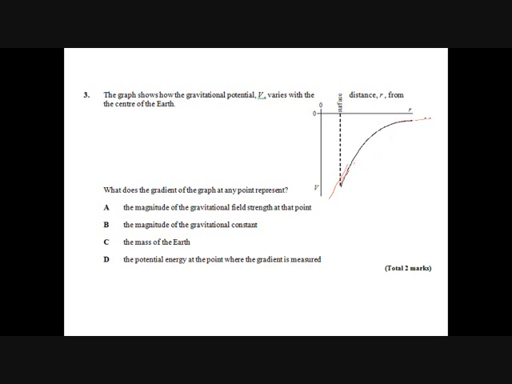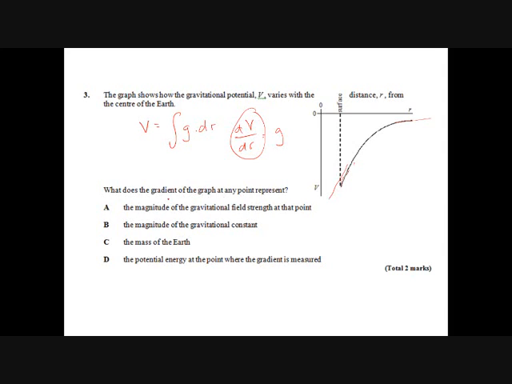When you're over here, the gradient is smaller because you're only making a small increase in potential for each increase in height. Remember, mathematically we can do this because to get the potential we're doing the integral of the field strength with respect to distance. So the other way of writing that is dV by dr is what g is.